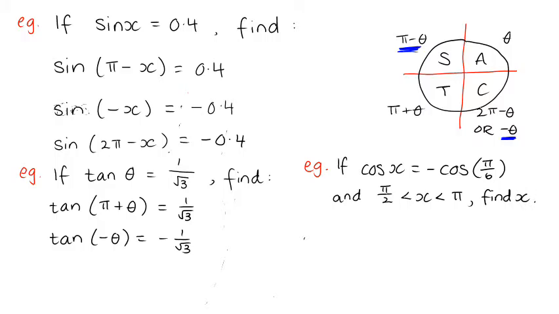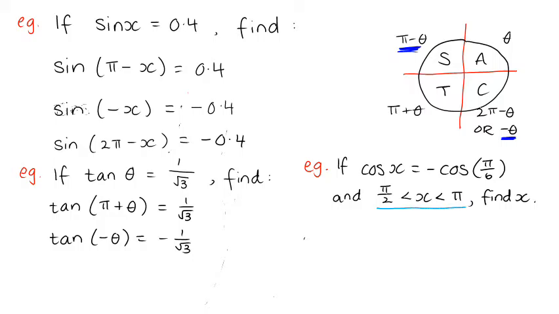All right, so if cosine x equals negative cosine pi on 6, and x is between half pi and pi, find what x is. Right, first things first. Look at this bit here. What quadrant is it in?